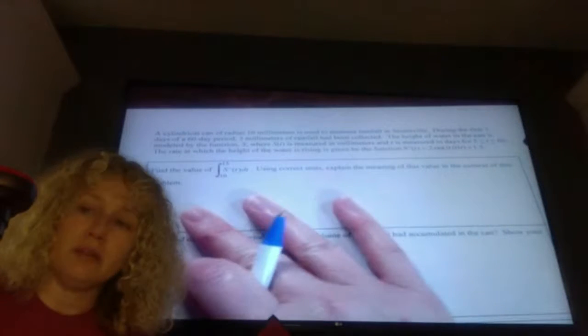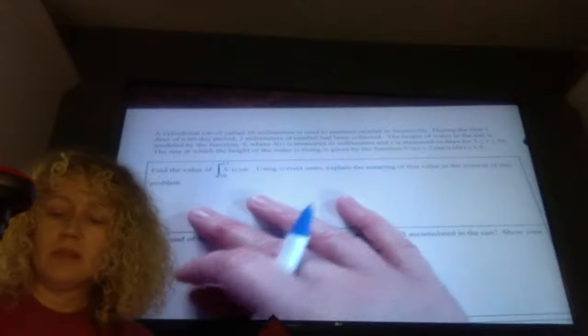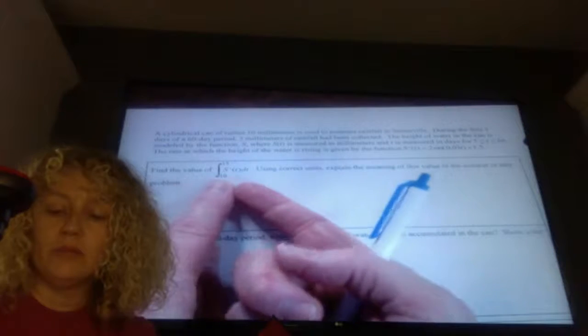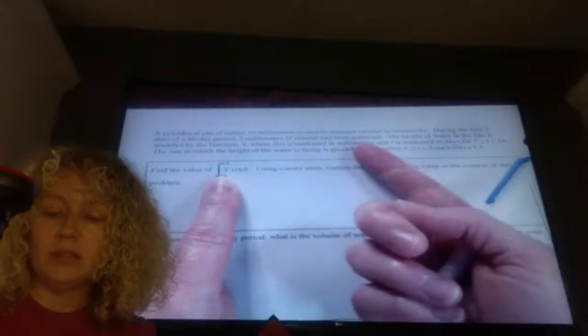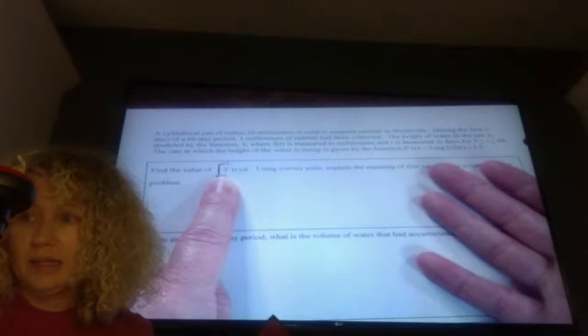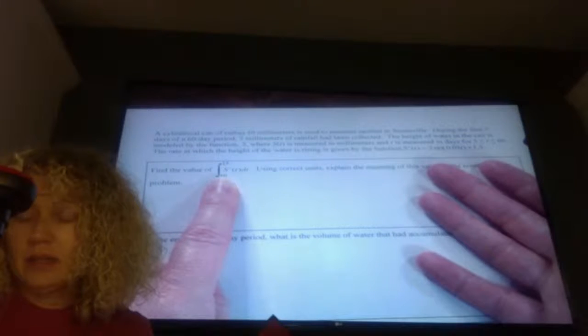This is straight into your calculator, okay? What would the units be? If this is the rate in millimeters per day, then once you take the integral of that, it's just going to be millimeters. So you put this in your calculator. Your answer should be that.